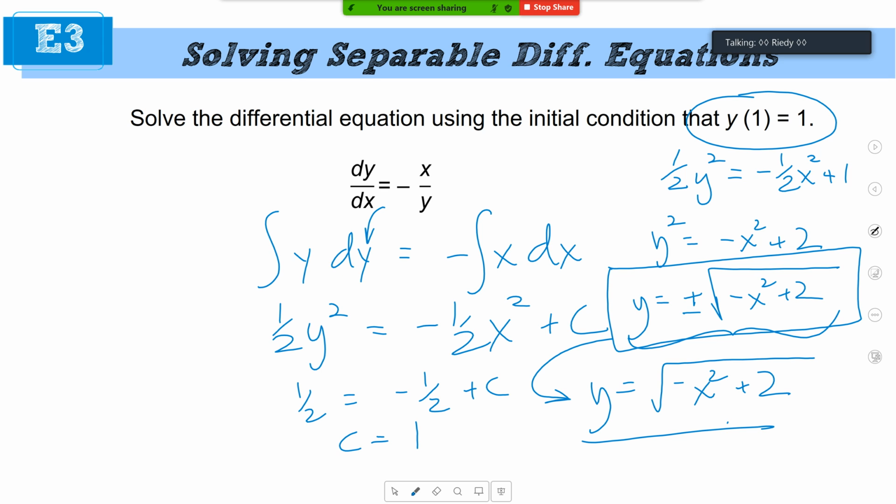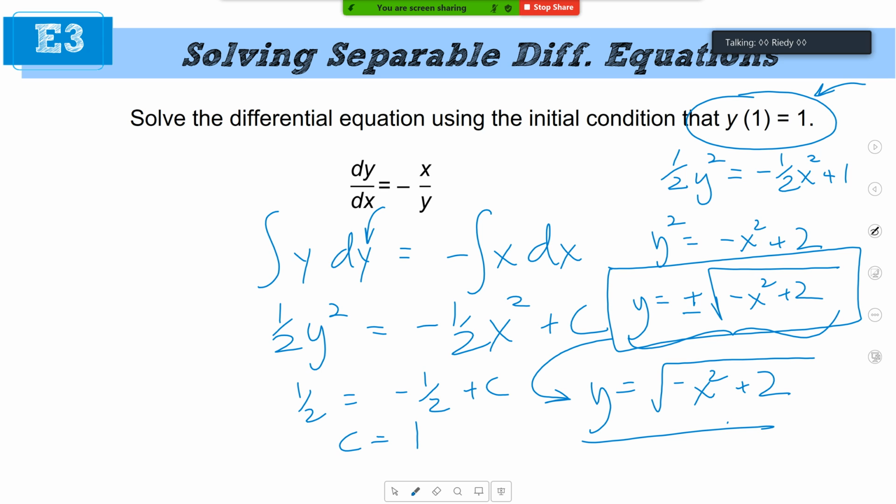Now, did you do that because you understood exactly what you were doing and realized that the initial conditions are positive? Or did you just screw up? And so what they like to do is throw in the fact that your initial conditions make it negative, so that the person solving the problem has to realize it's plus or minus. Should it be a positive or a negative based on the initial conditions?